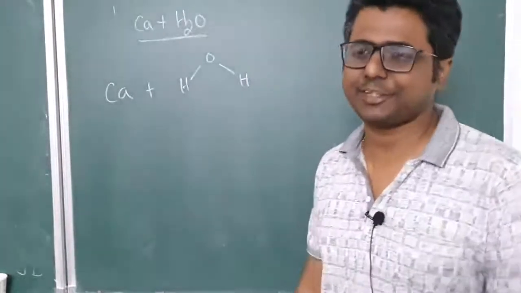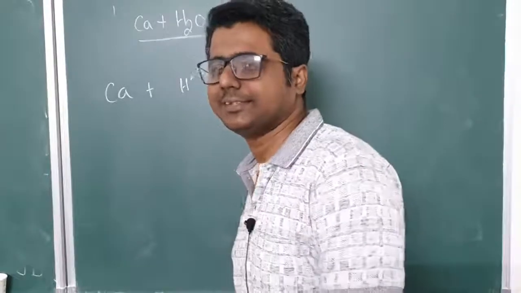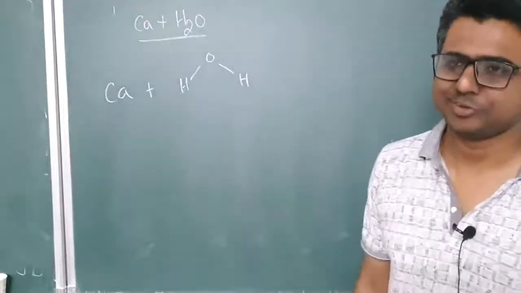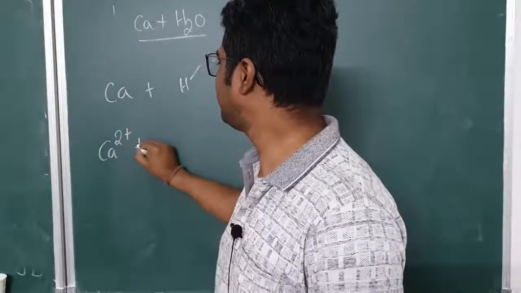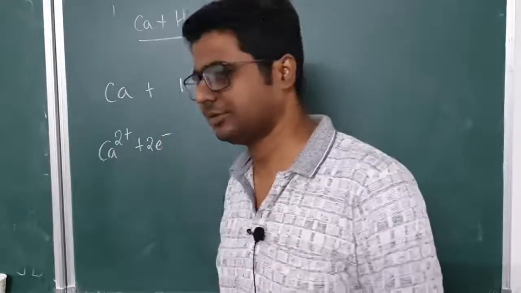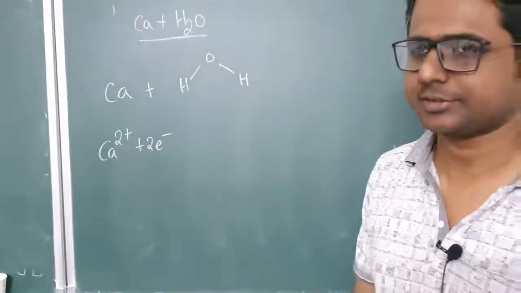So what should be the electronic configuration? What should be its valency? 2. So calcium will break into Ca2+ plus 2 electrons, right? Ca2+ is stable, noble gas configuration.